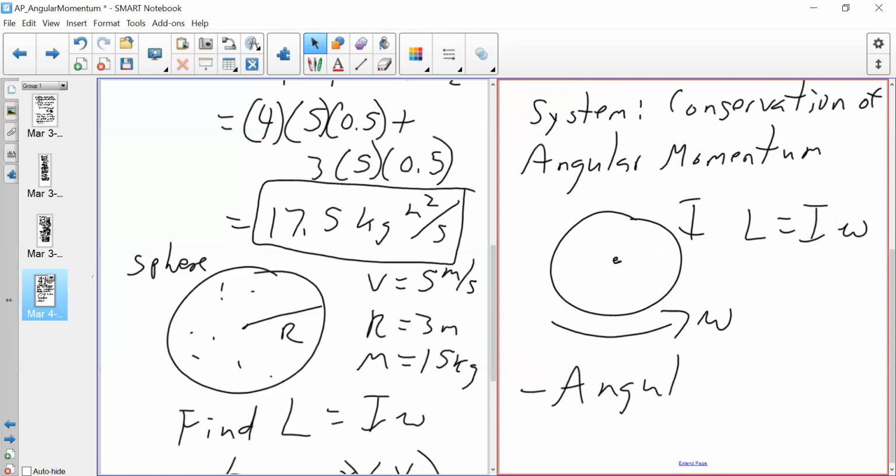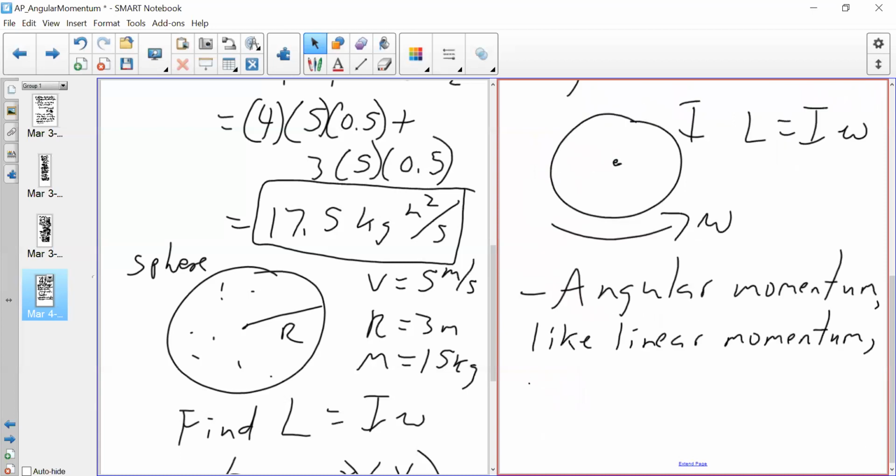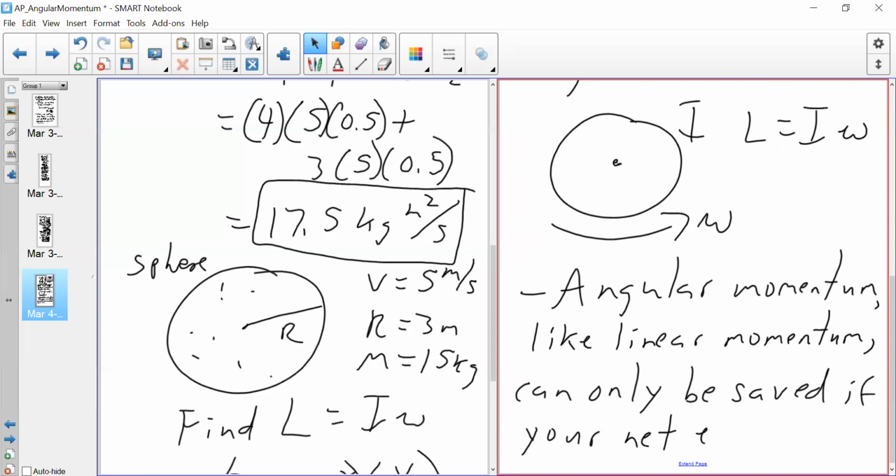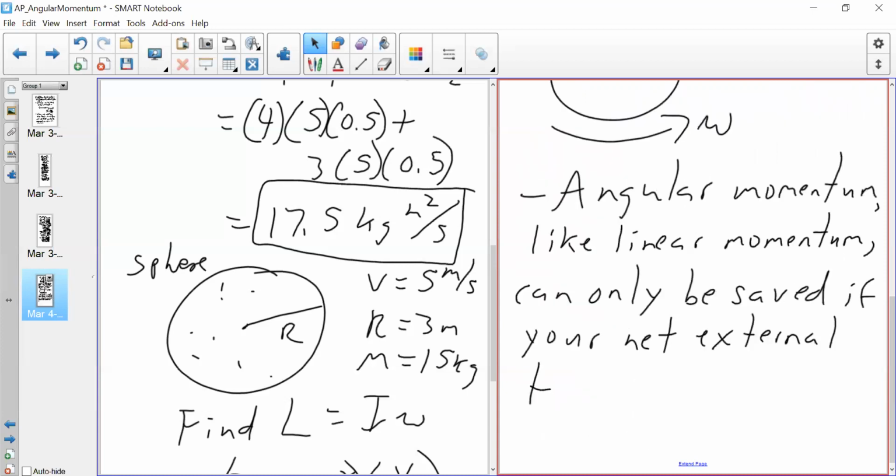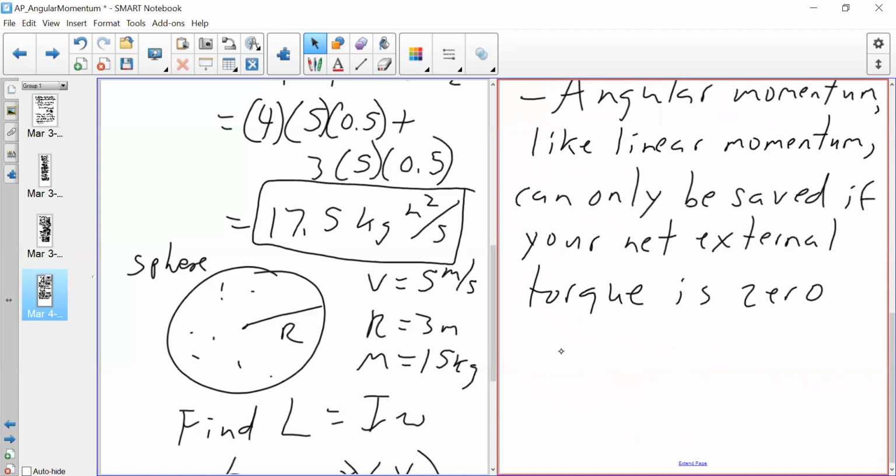So if we want to save angular momentum, it can only be saved if the external torque, the change in angular momentum per time, is equal to 0.